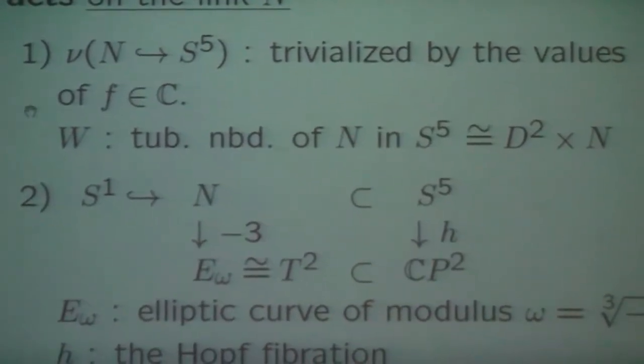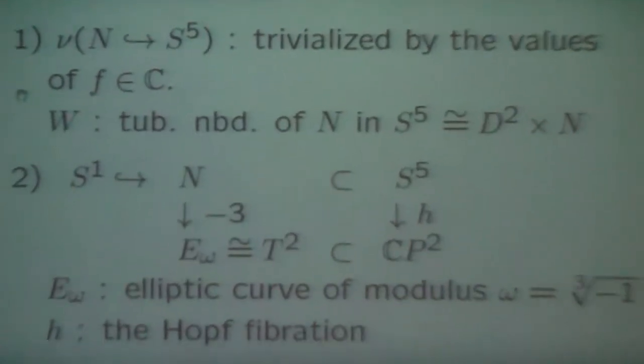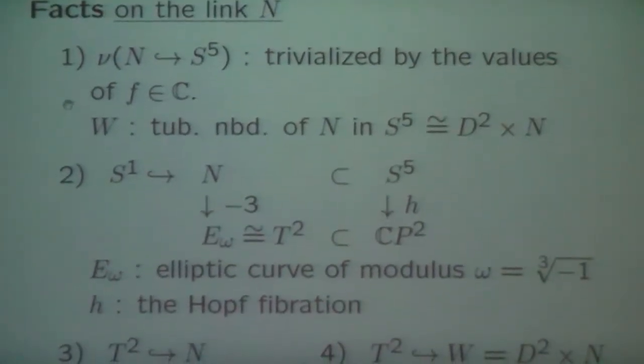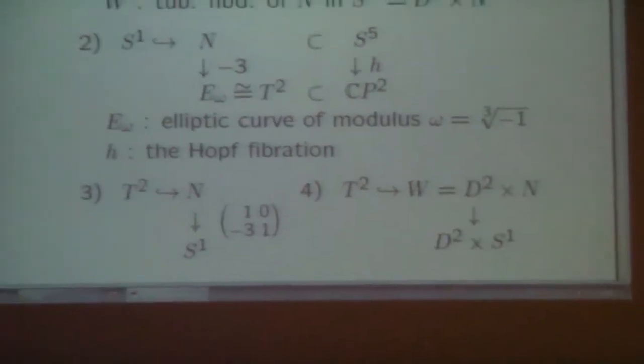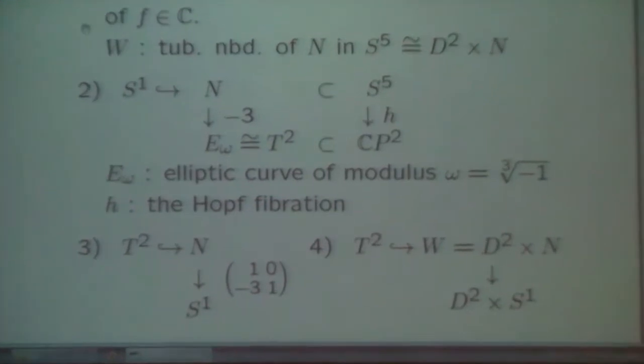All right. So if you look at the structure of W, because N is a T2 bundle over S1 with that monodromy, the tubular neighborhood is D2 cross N, which is diffeomorphic to a T2 bundle over D2 cross S1. If you go around the S1 direction once, then simply the T2 has a monodromy like that.